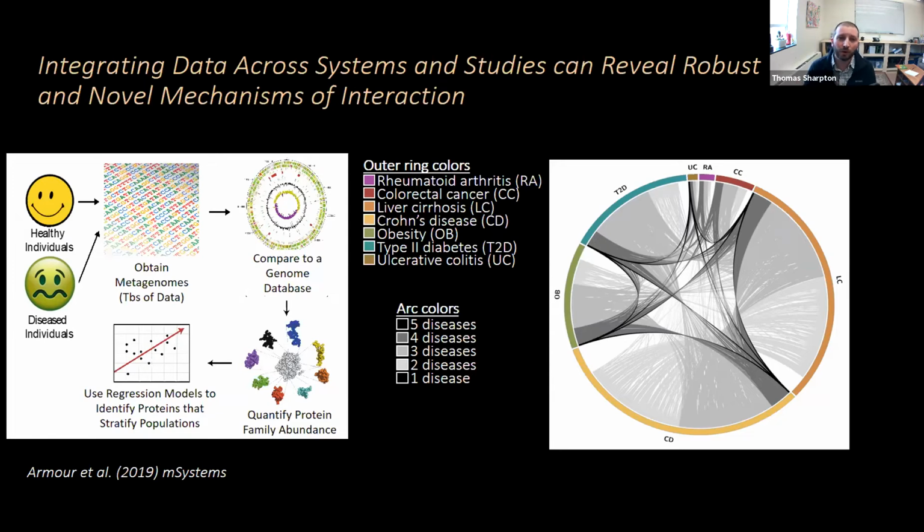Maybe because they're responding to similar types of physiological perturbations like inflammation, or possibly because changes to the relative abundance of these types of gene families break down the microbiome's contribution to homeostasis and allow different types of diseases and disorders to emerge.